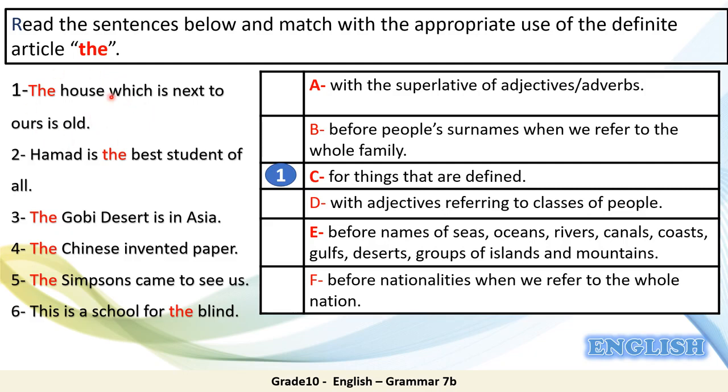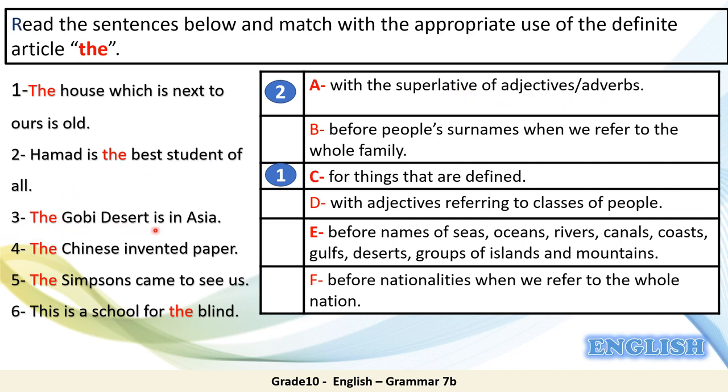Now please pause the video. Answer the rest of the questions. Welcome back. Let's answer together. Hamad is the best student of all. Look at the word the best. Yes, that's correct. It is a superlative of adjectives or adverbs. Now, 3.